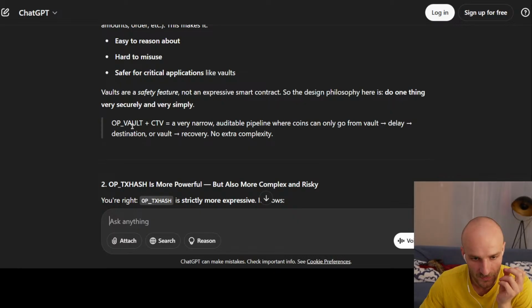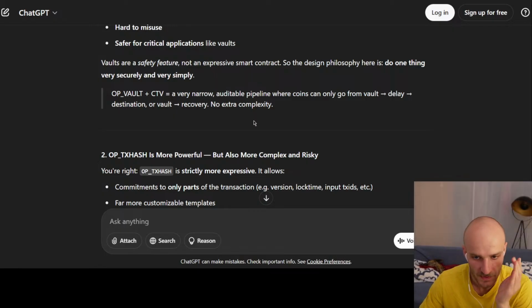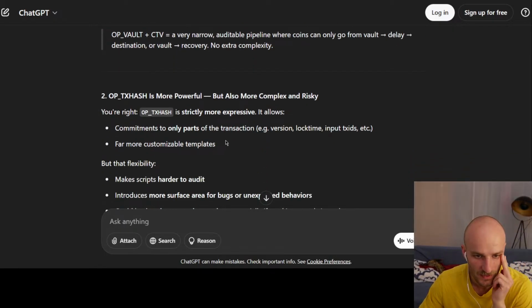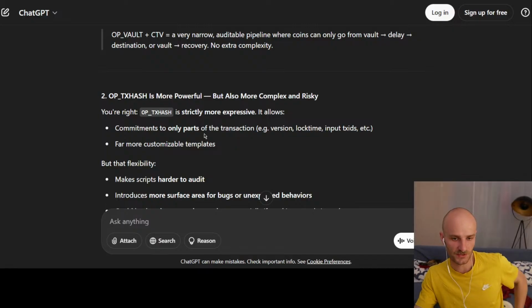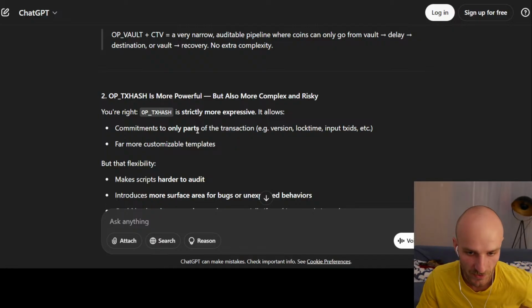OP Vault plus CTV is a very narrow auditable pipeline where coins can only go from vault, delay, destination, or vault, recovery. No extra complexity. Opcode transaction hash is more powerful but also more complex and risky.